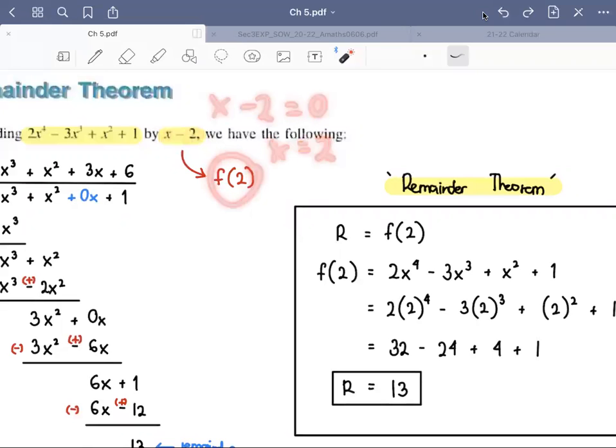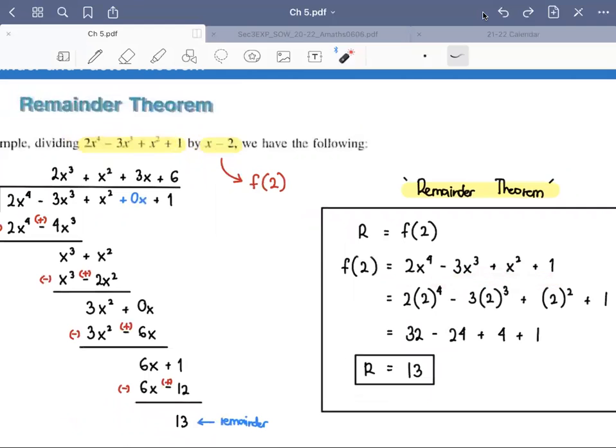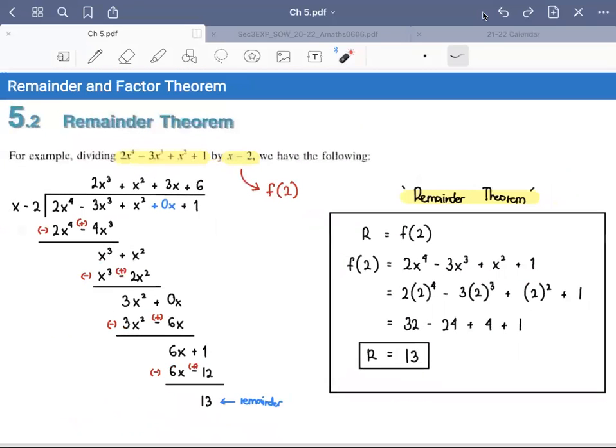So let's just insert the function of 2 into this polynomial, and that's how we get our remainder. So f of 2 is equal to 2x to the power of 4 minus 3x cubed plus x squared plus 1. So you can get the remainder by just doing this, class.